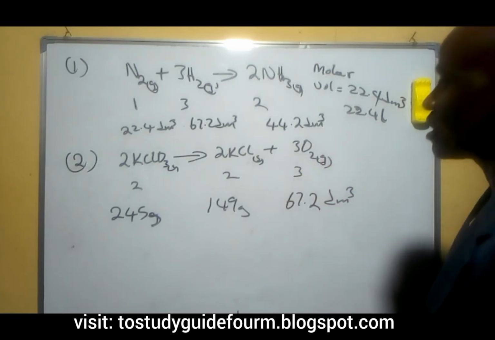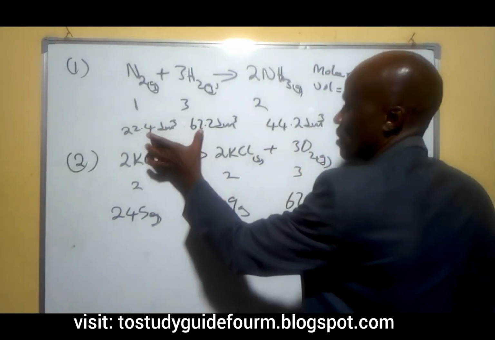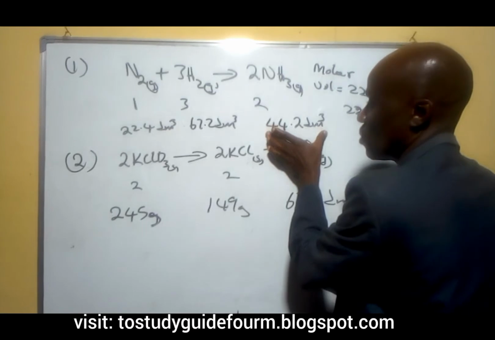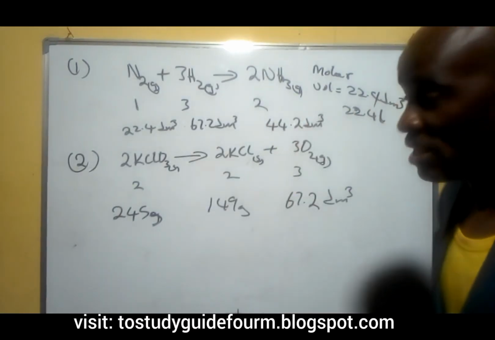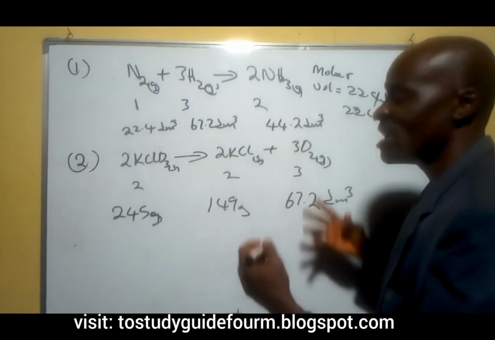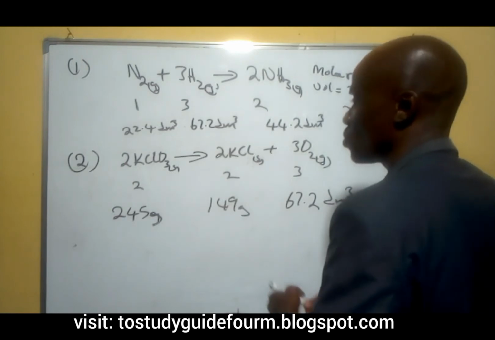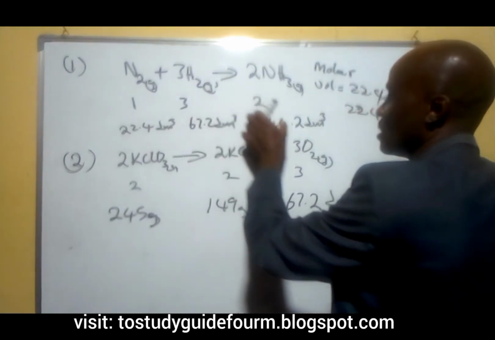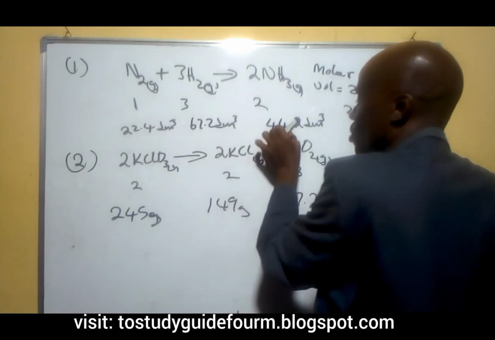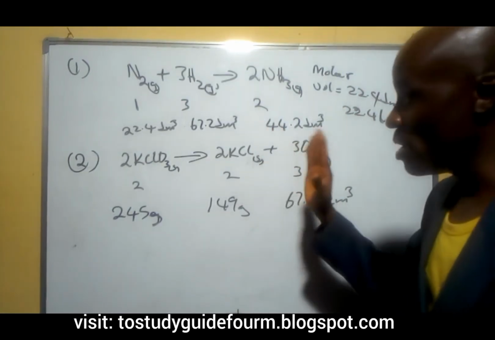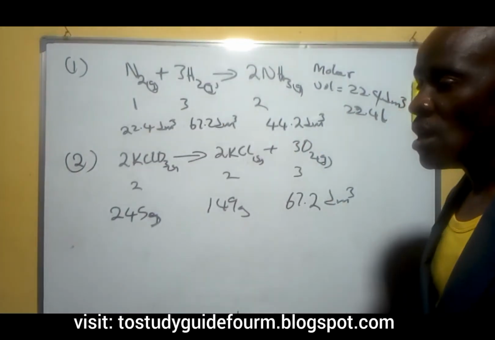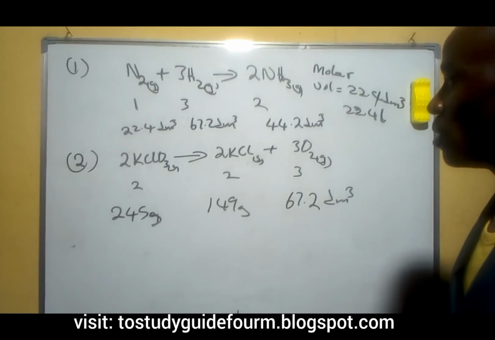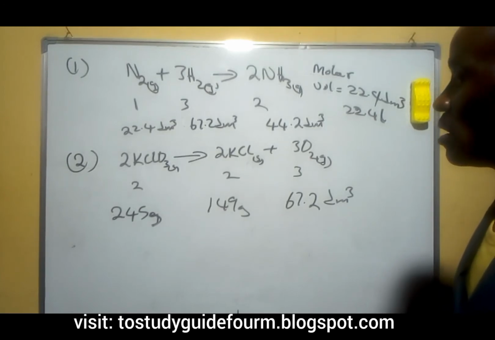From here you can see the relationship the reactants and the product have. This relationship governs everything that you are going to do. Let's say we have maybe 2 grams of this combining with this, what it will give us will remain on the same ratio, based on the number of moles of the reactants and the products.